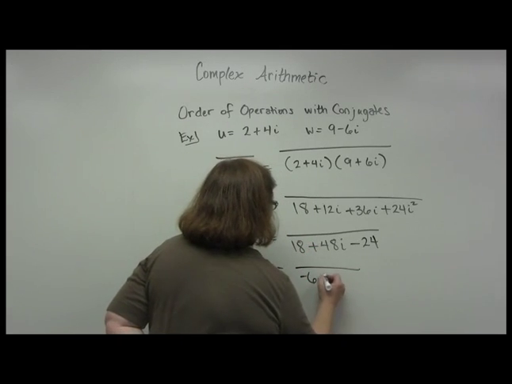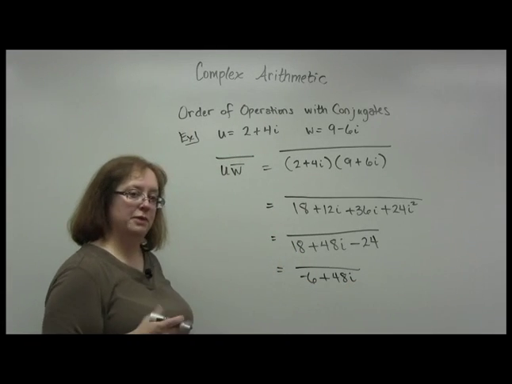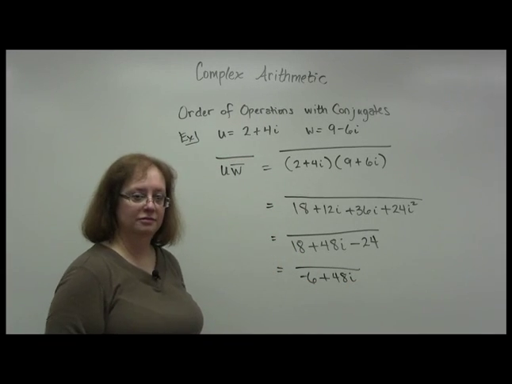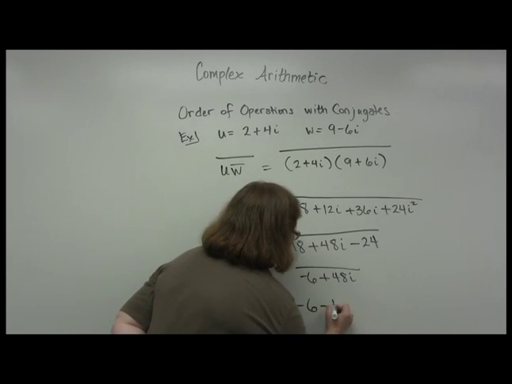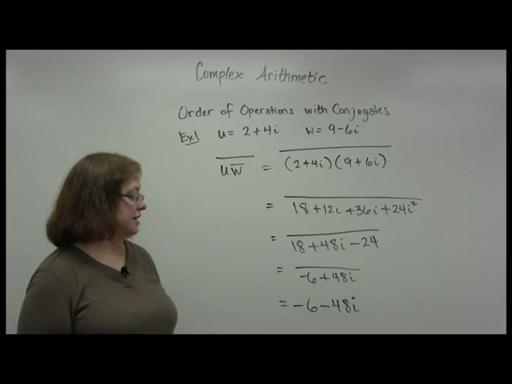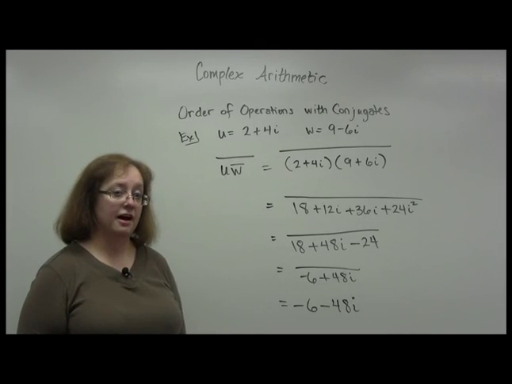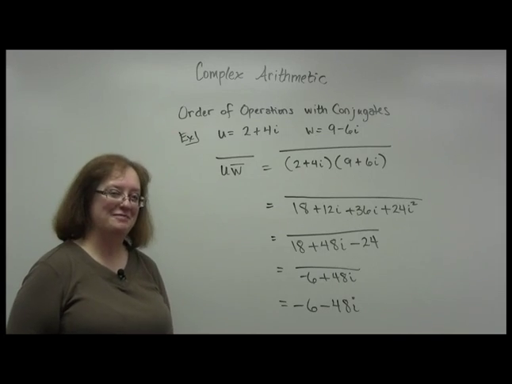So I have negative 6 plus 48i. But that's inside of that big, long conjugate bar. So now I apply the conjugate. So last but not least, I get that that's negative 6 minus 48i. So we've covered everything that I can think of for complex arithmetic.